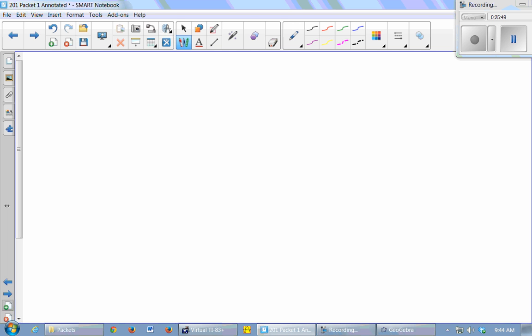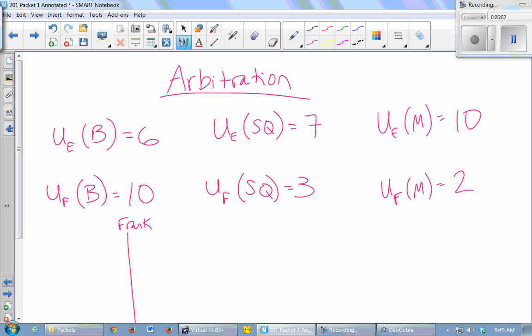Okay, so in exercise 2, we talk about probabilities. So if we go back to Ellen and Frank's utilities, as a matter of notation or normalizing, we tend to make the status quo utility 0.